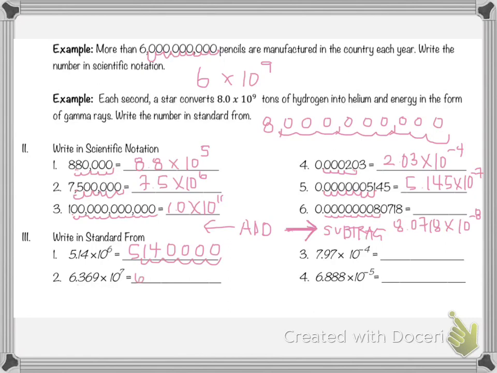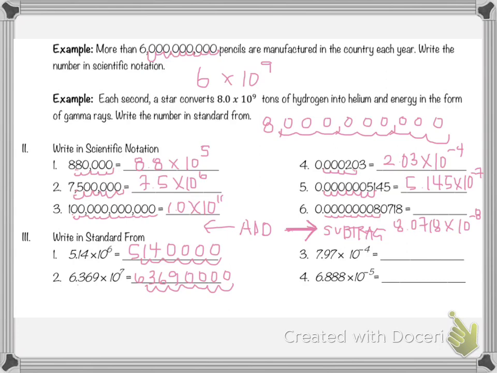So here you're going to have 6, 3, 6, 9. And it's 1, 2, 3, 4, 5, 6, 7. Okay. So here we've got 7.97 times 10 to the negative 4th.